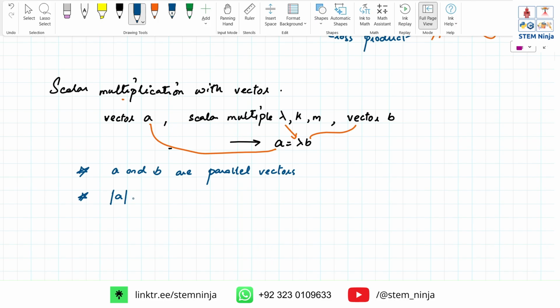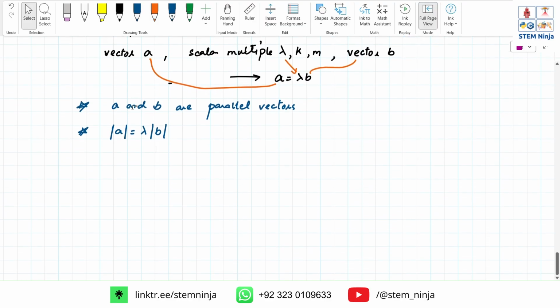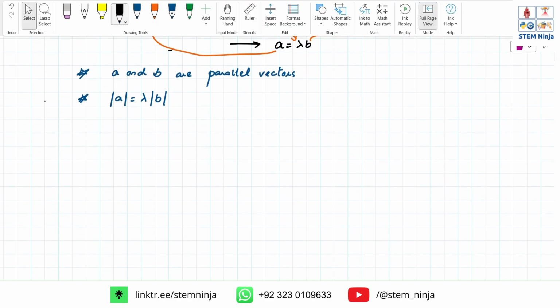That the magnitude of A is lambda times the magnitude of B. So these are the two results that come from scalar multiplication with vectors. So let's see an example.